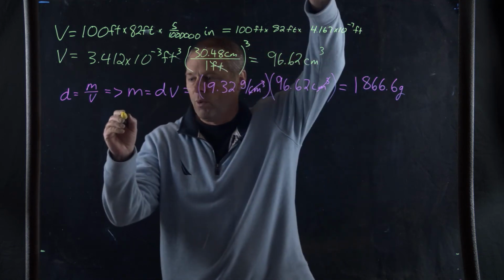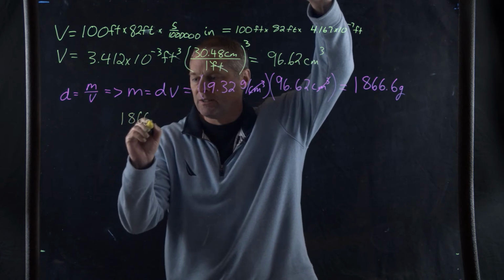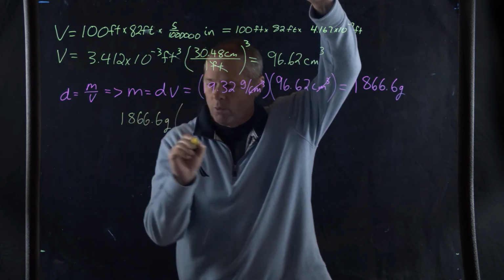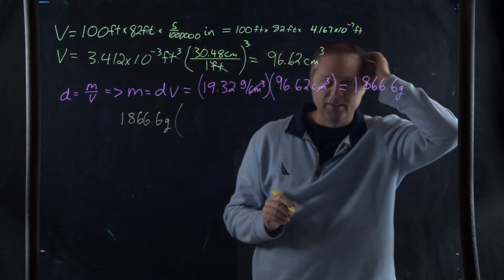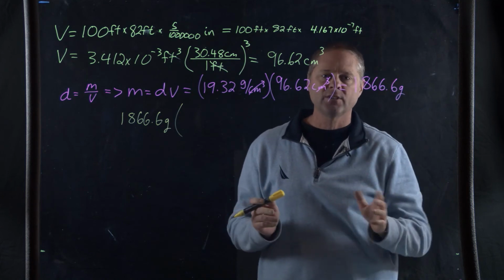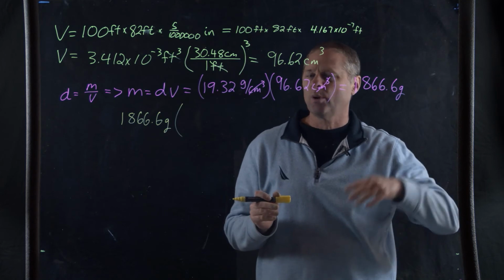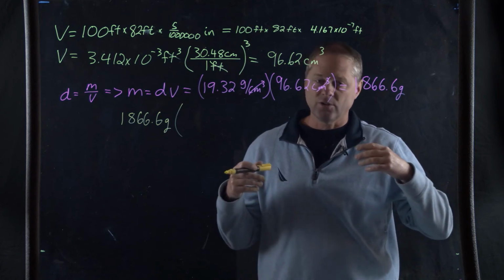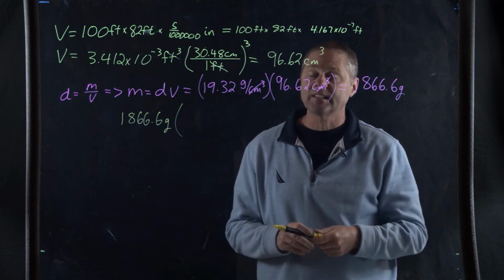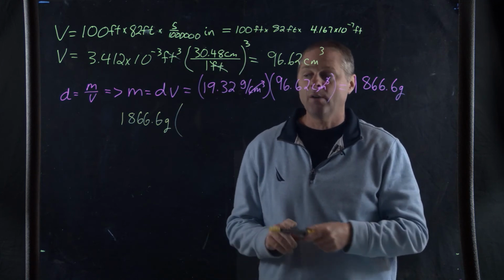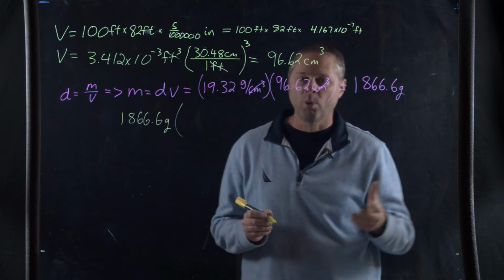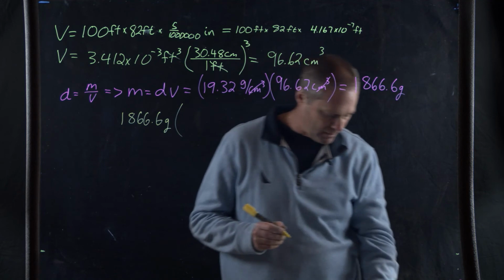So if we happen to have 1,866.6 grams, we want to convert this into troy ounces. To give you an idea of a troy ounce, it's about 13.1 troy ounces per pound. On a typical ounce, it's 16 ounces per pound, but for a troy ounce, it's going to be 13.1 troy ounces per pound.